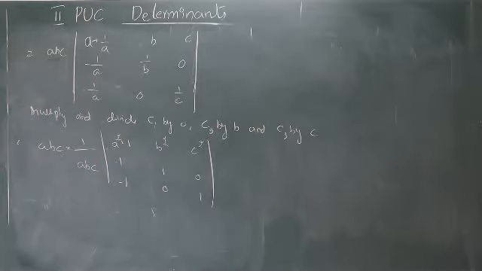Then we have to simplify: a square plus 1, b square, c square; 1, minus 1, 0; 1, 0, 1. After that, abc and abc can be cancelled. We get only this determinant. Then which expansion can I do? Expand along R3. I'll expand along R3.